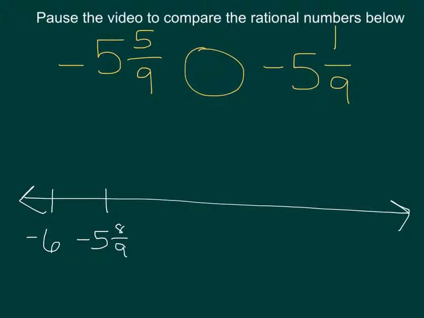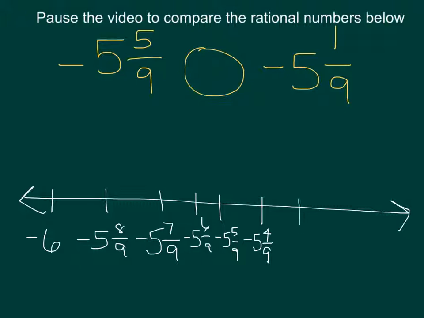So -5 and 8/9, -5 and 7/9, -5 and 6/9, 5/9, 4/9, 3/9, 2/9, 1/9, -5.